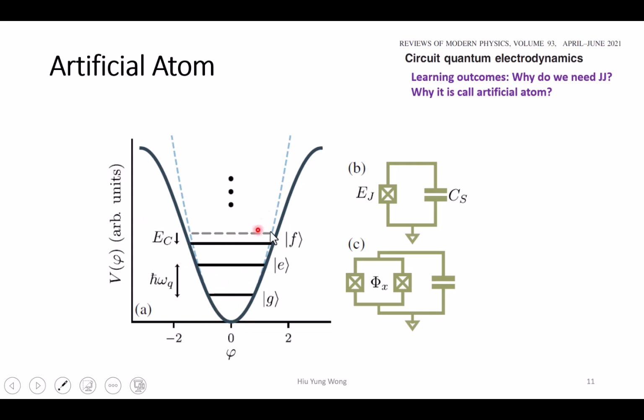As a result, we will have anharmonicity, and then you will have a better qubit, right? And again, do you see that this is psi, a different symbol than what I use, but that is basically the same, right? And it is normalized. That's why you get 2 and -2.